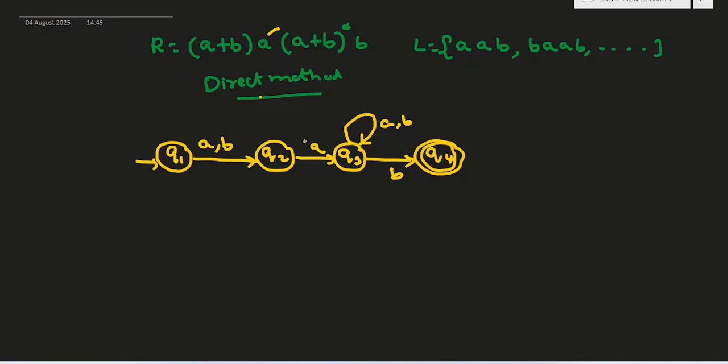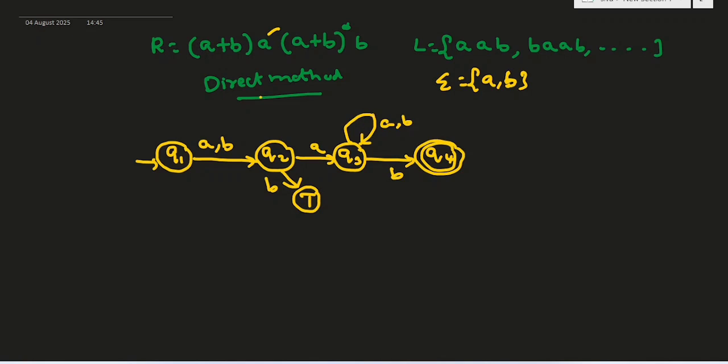Now this is only an NFA, but if you want to make this a DFA, in Q1 the input is A, B, and both A and B are getting applied, so no issues. But in Q2, we are only applying A, not B. Suppose in Q2 B is applied, definitely I have to move to a trap state.